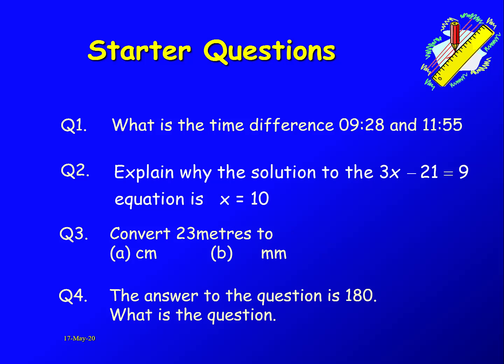Question 1. What's the time difference between 9:08 and 11:55? So on 9:08, 9:28 even. If we take that to 11:28, that's 2 hours. And if we take that to 11:30, that's 2 minutes.